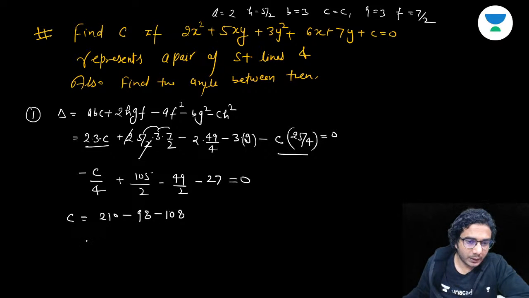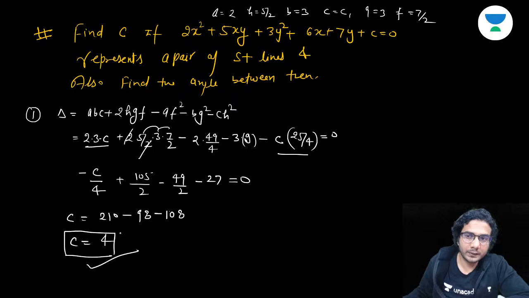Now if I calculate it, I can see this value is going to be 4. So C is equal to 4 is the answer actually. This is the right answer. C is equal to 4.